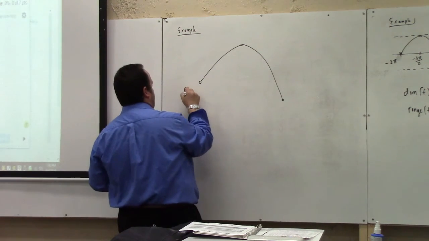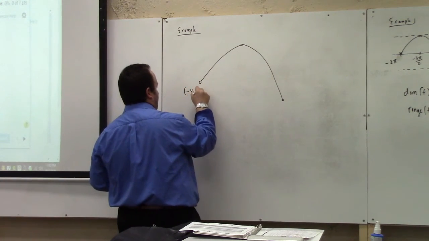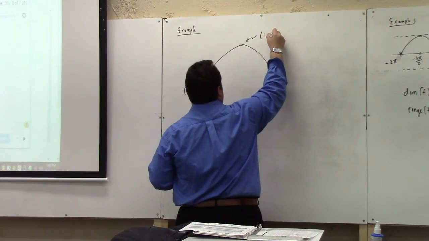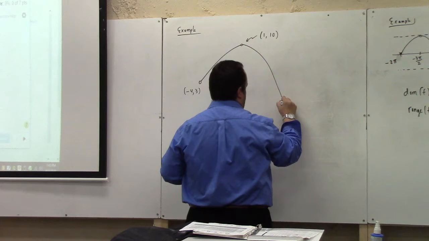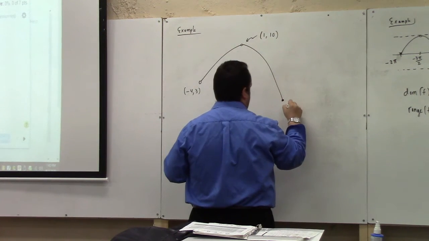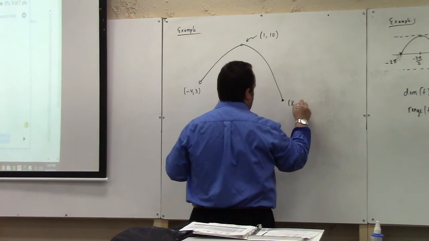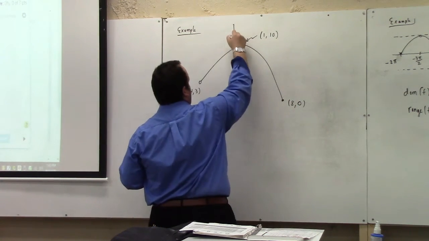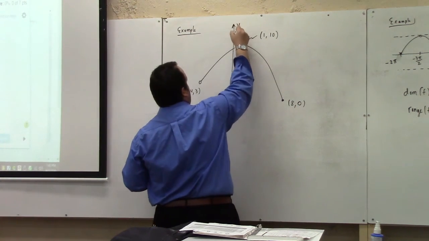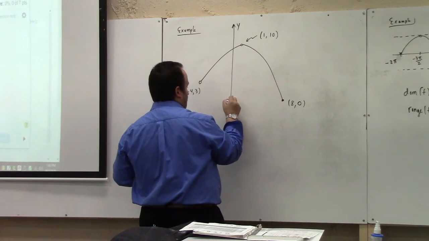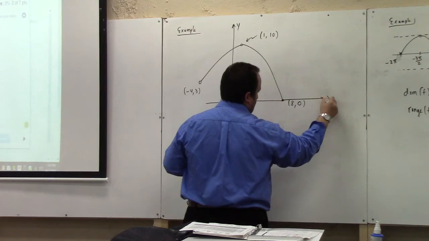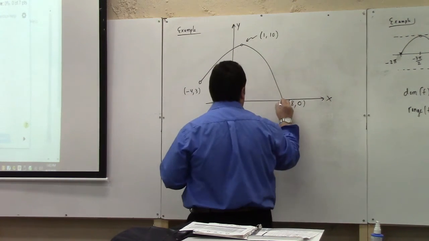All right, so this point is -4, 3. This point up here, let's say, is 1, 10. And this guy down here, we'll say is at 8, 0. Here's your y-axis, here's your handy-dandy x-axis, like so.